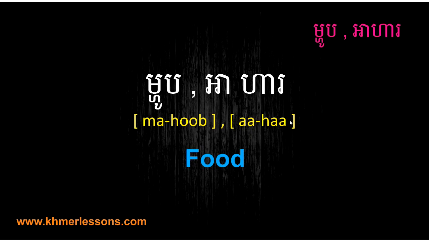First you can say mahop, but it is a little common. And another one you say aha, I mean a little official. So for the word food you can say mahop or aha.